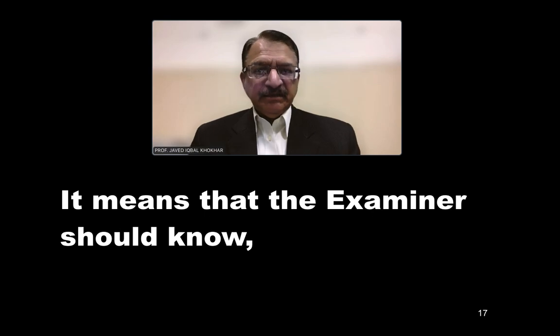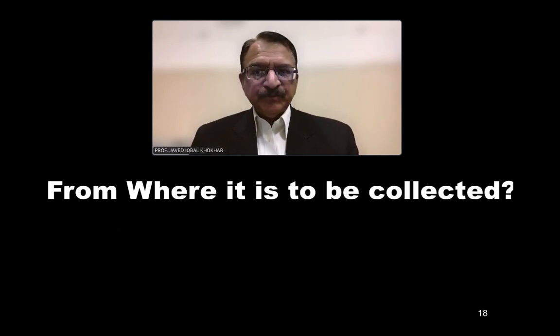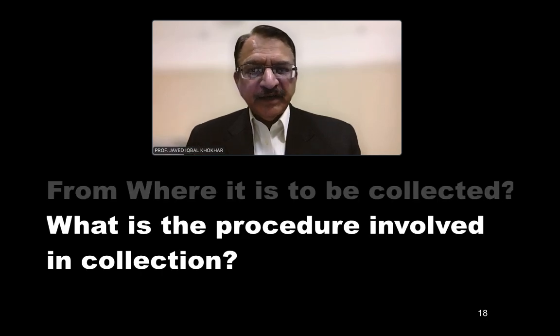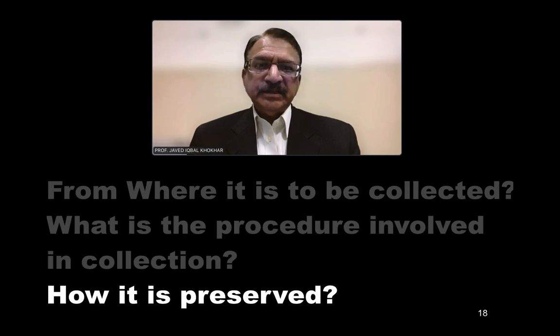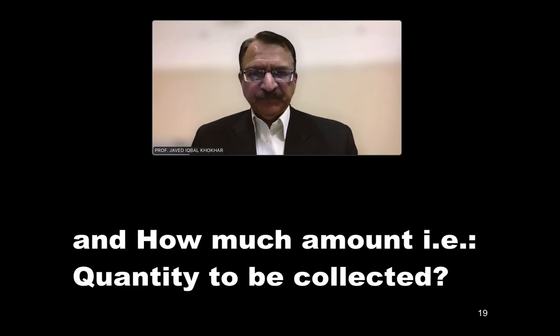So it means that the examiner should know what specimen is to be collected, from where it is to be collected, what is the procedure of its collection, what preservative is used and how it should be preserved, and how much amount is required. Then that specimen will fulfill the criteria and the objective of your examination.